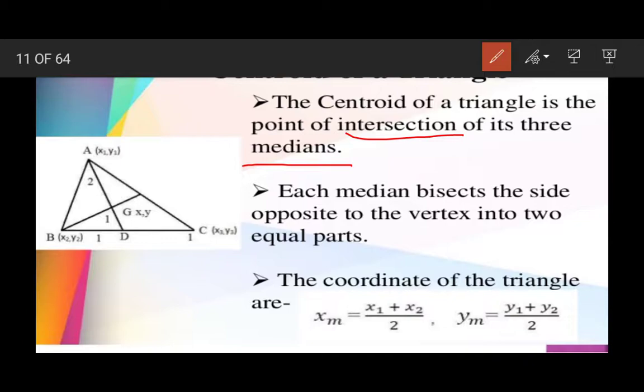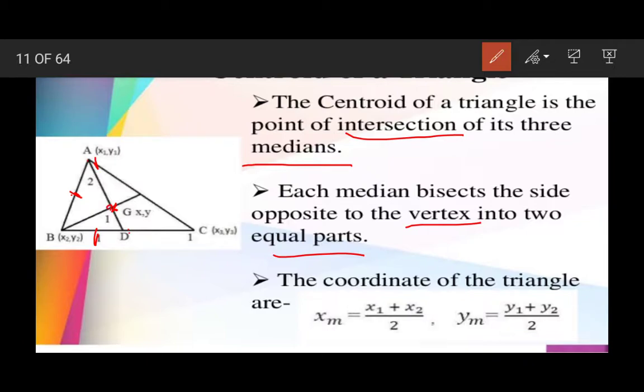Medians means we join the midpoints of the sides to the opposite vertices, and then we get a median. The point where the medians meet is known as the centroid. Each median bisects the side opposite to the vertex into two equal parts. So the coordinates of this point are the centroid.